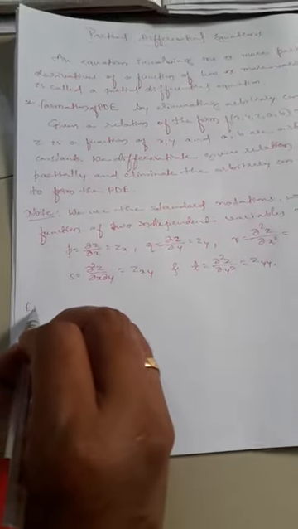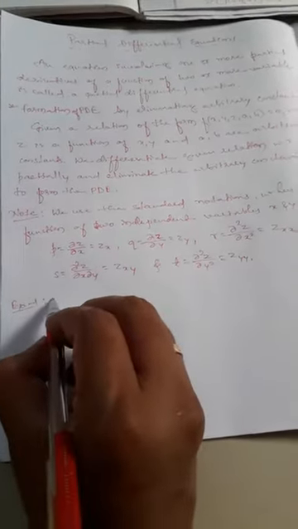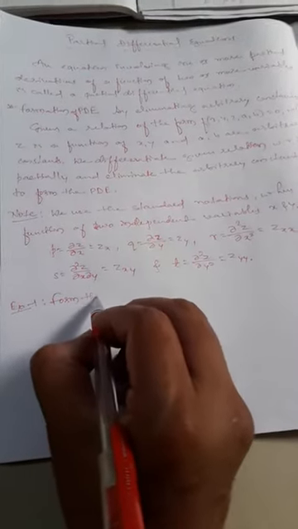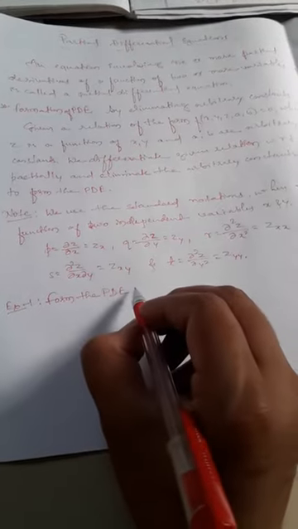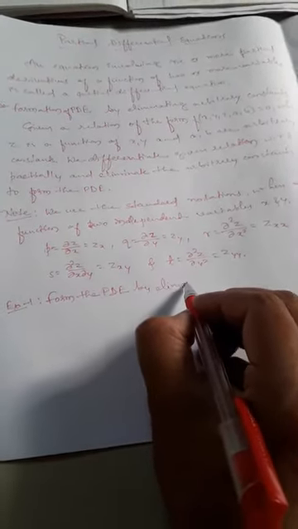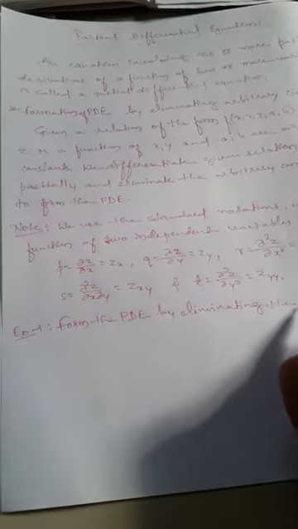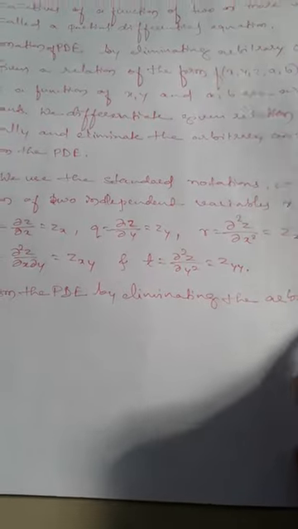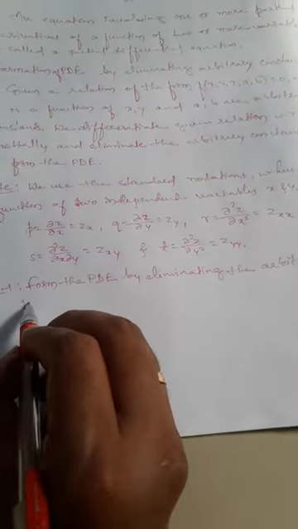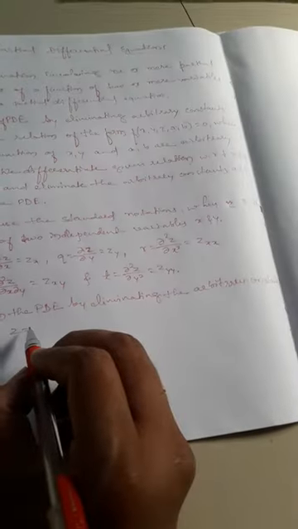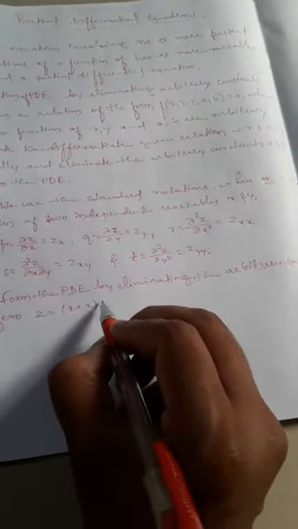Now we consider the simple example. Form the partial differential equation by eliminating the arbitrary constants from z equal to x plus a into y plus b.